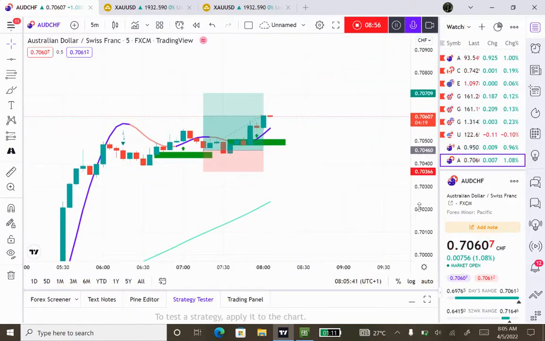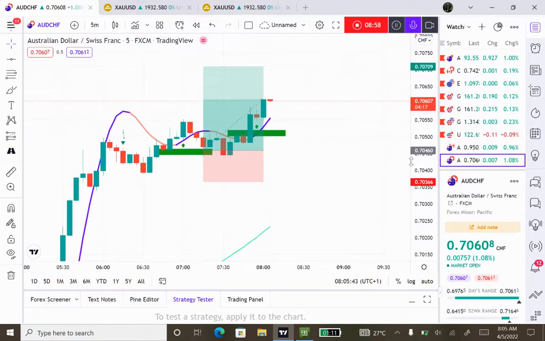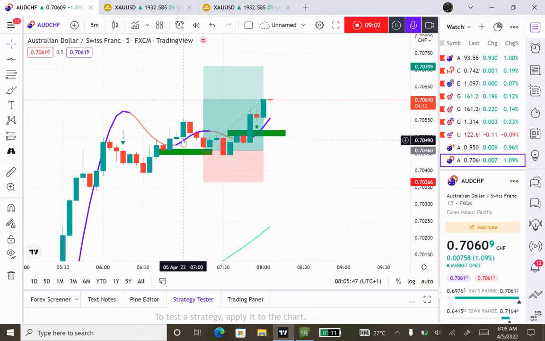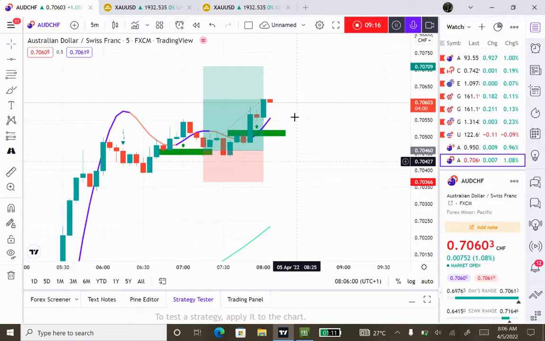So I entered this trade also at the same time, and this is still struggling to trigger the TP as well. This is my signal candle, and the market did a little bit of pullback down. I was expecting the market to push back up since we are still very much bullish.